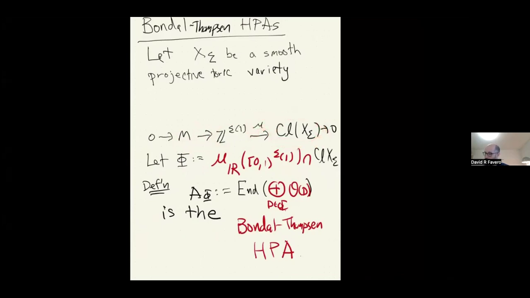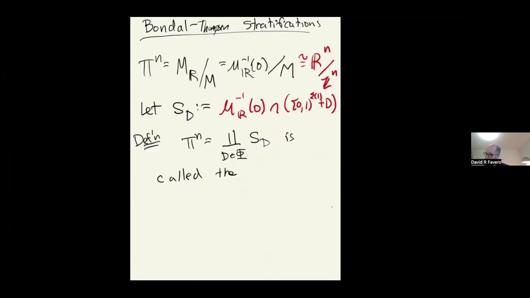But I only needed to take the image P. So I get some finite poset which stratifies this torus. And I'm going to call that the bundle Thompson stratification.